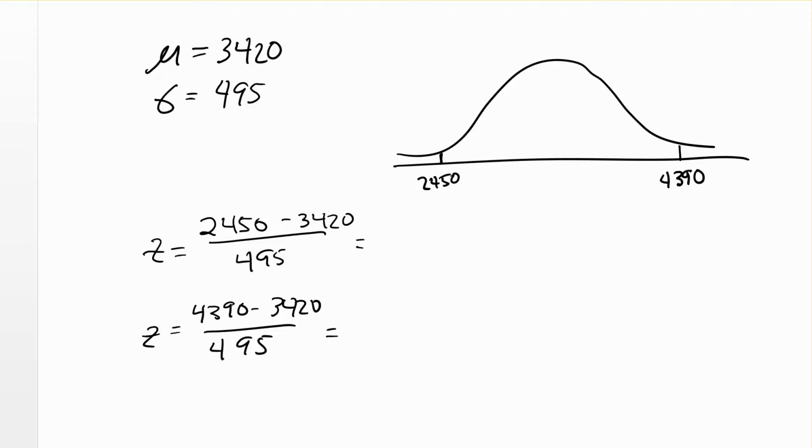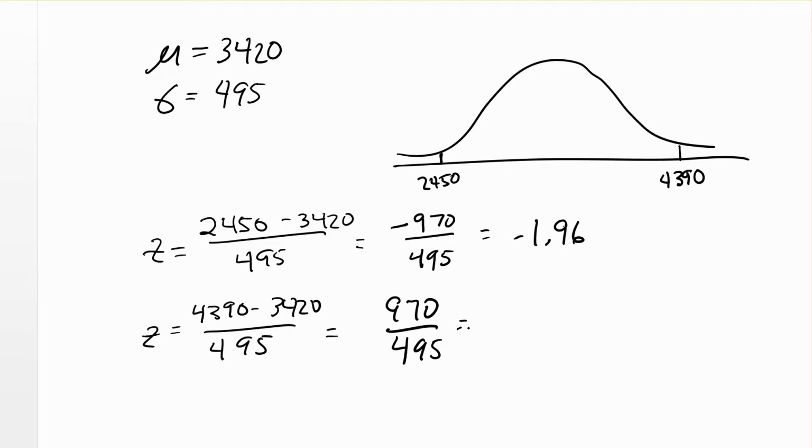When we evaluate those, the first one, 2450 minus 3420 is minus 970 divided by 495, and we get a negative 1.96. And when we do the z-score on the right, we get plus 970 divided by 495, which equals positive 1.96.